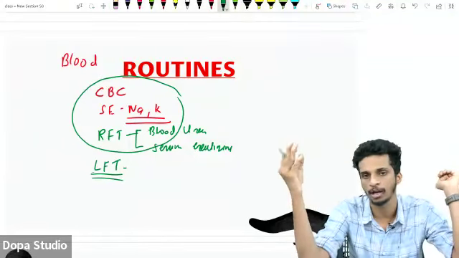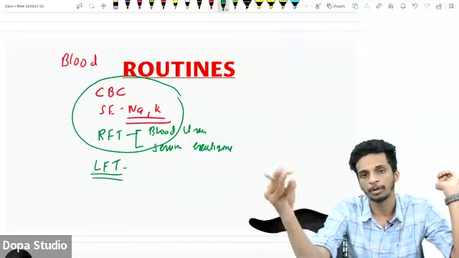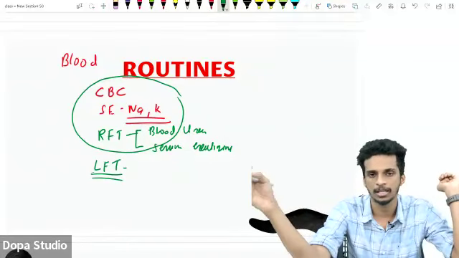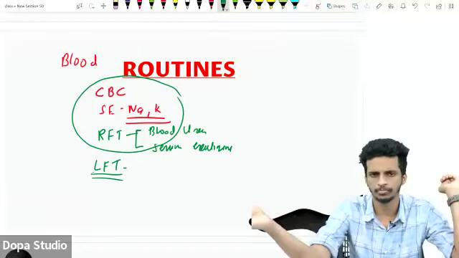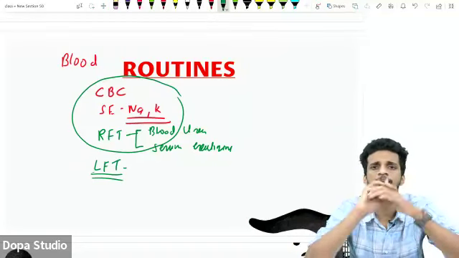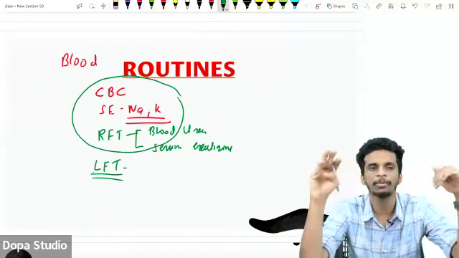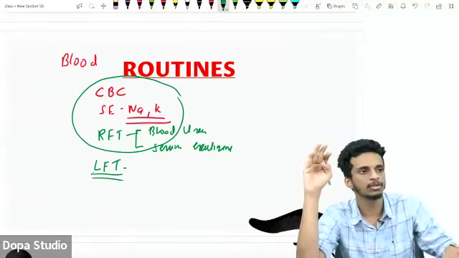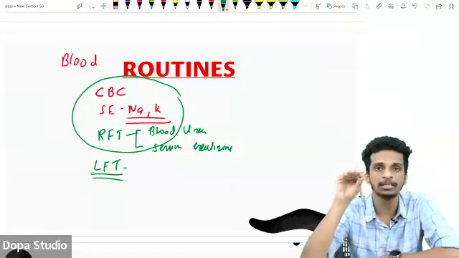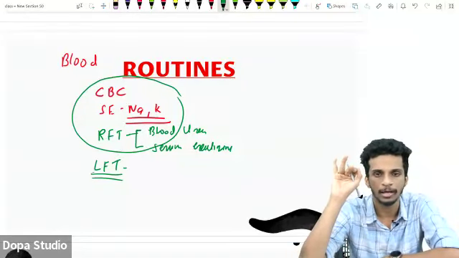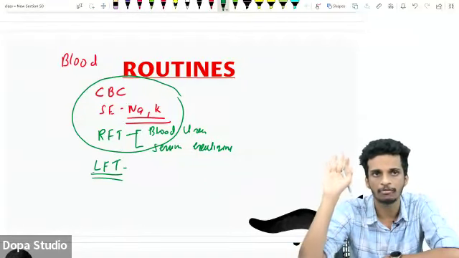We have bilirubin, total bilirubin and direct bilirubin, liver enzymes AST and ALT, albumin, globulin, INR, alkaline phosphatase, and LFT comprises many investigations. But one important thing to remember is that these are the basic investigations: CBC, serum electrolytes, renal function test, and liver function test.